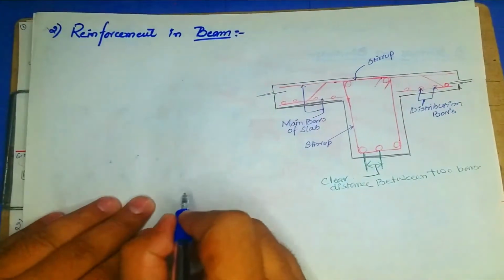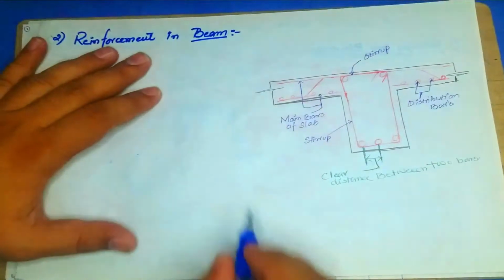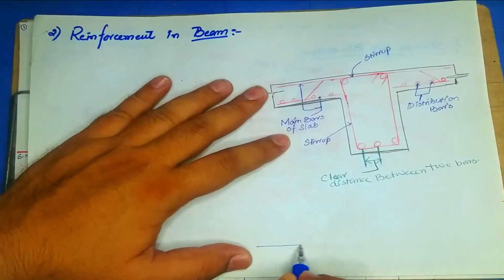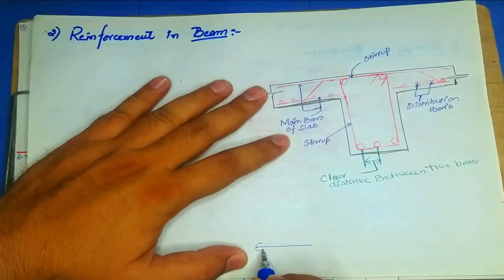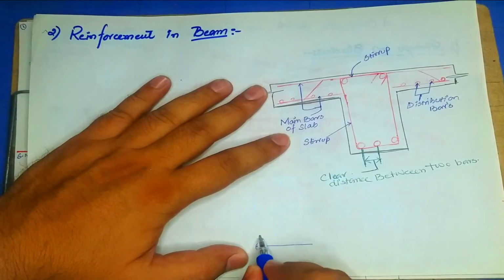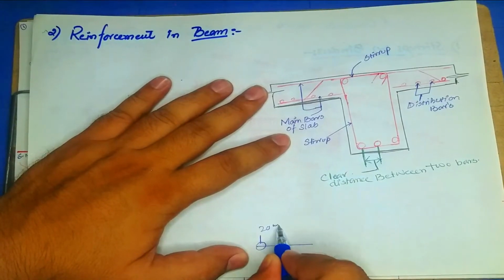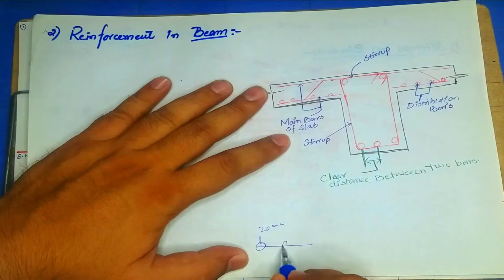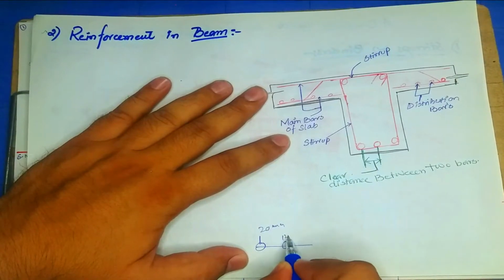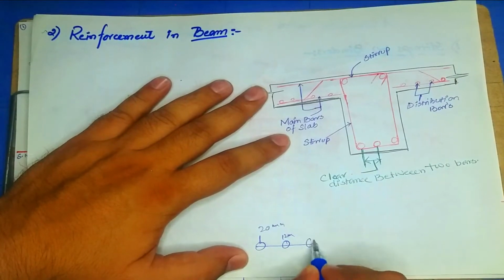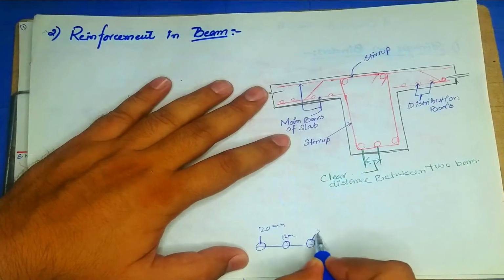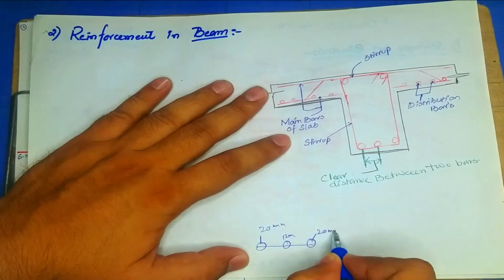Let's suppose this is 20 mm, this is 12 mm, and this is also 20 mm.